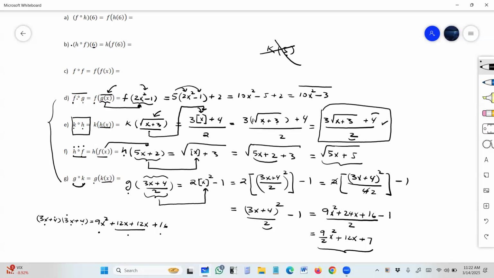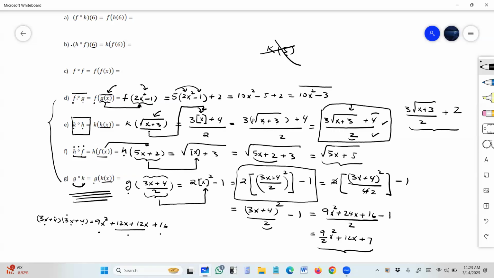The only thing that you could do is write this as two terms, so it would be 3x plus 3 over 2, and then separate, and then 4 over 2, and then this you could do, but it doesn't look any better than this one, so you can leave it in this format. However, this function here, this you must simplify. So the answer cannot be left in this format. You are required to simplify and leave it in this format.